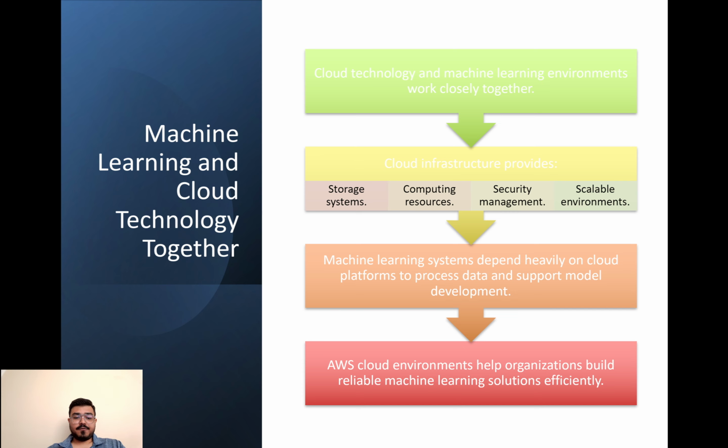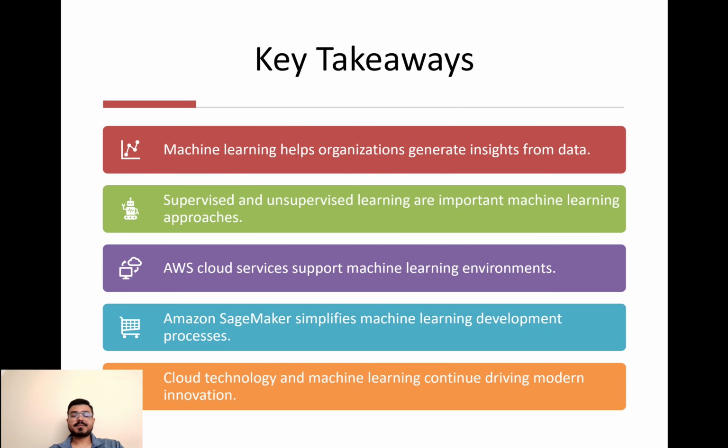Cloud platforms help provide this infrastructure without requiring organizations to maintain expensive hardware. AWS environments help organizations build reliable machine learning solutions while improving flexibility and scalability. This connection between cloud computing and machine learning continues to become more important across industries.